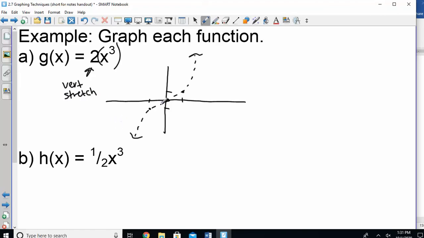So if I look at my graph, take those 3 points we have. This point is a y value of 0. 0 times 2, does that move it? No. This is a y value of 1. 1 times 2 is 2. What's the y value right here?